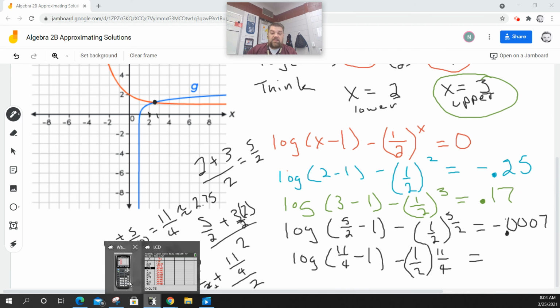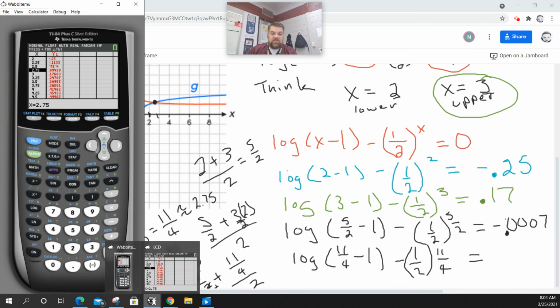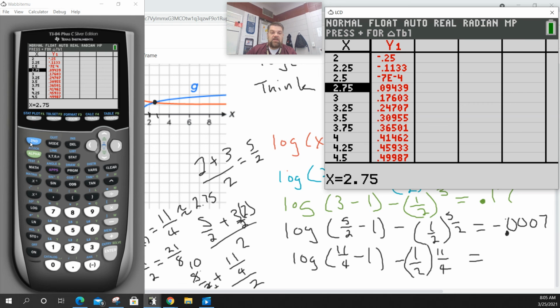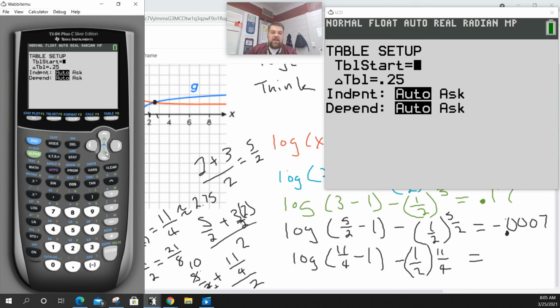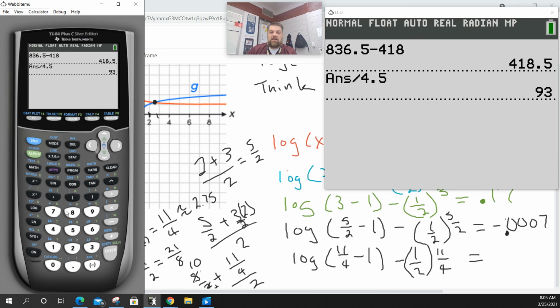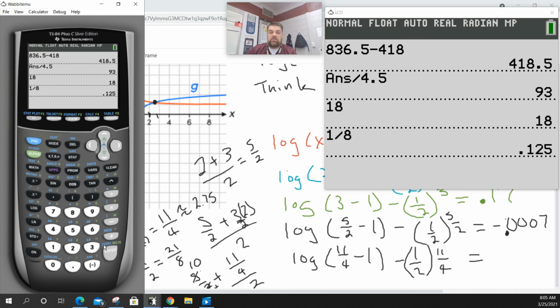So I'm going to plug in the calculators. It's so much easier just to graph these, but I'm just going to do this one time. So now I go back to my table set, and 1/2 of this is actually 0.125. All right. So that's actually 1/8. If I go back here and quit, and say 1 divided by 8, that's 0.125.